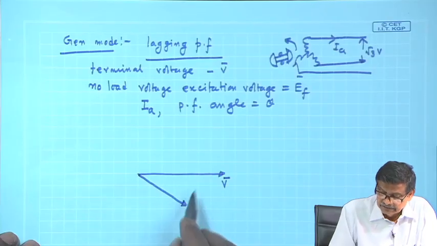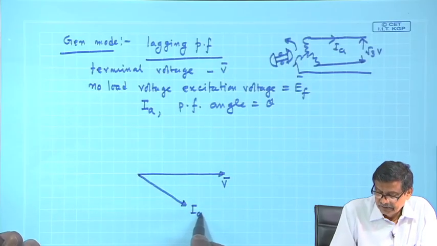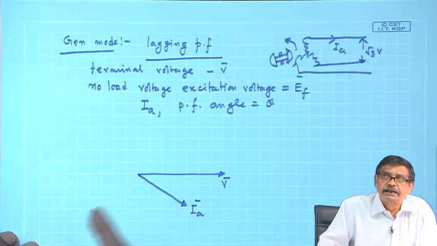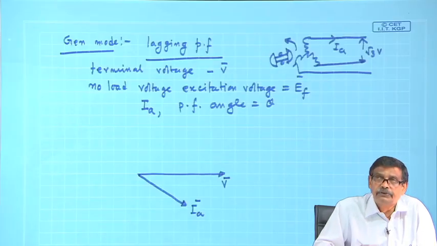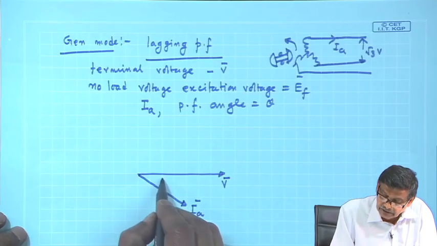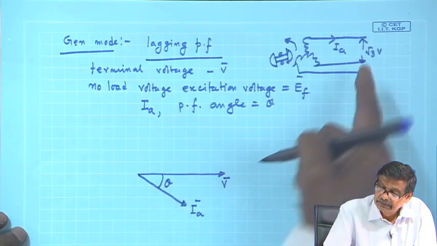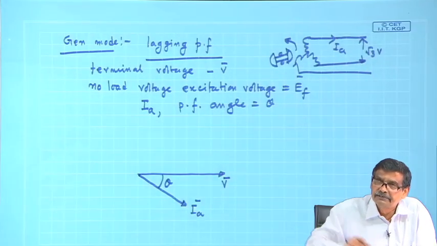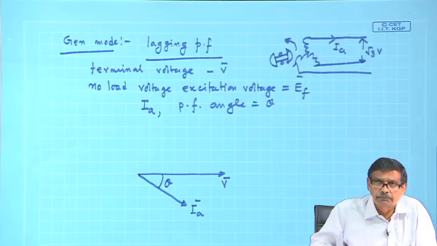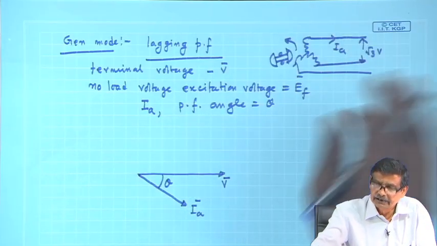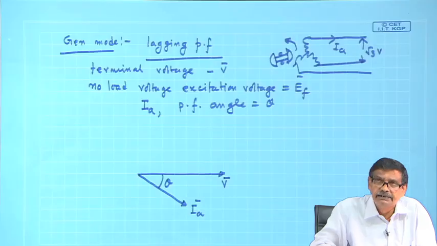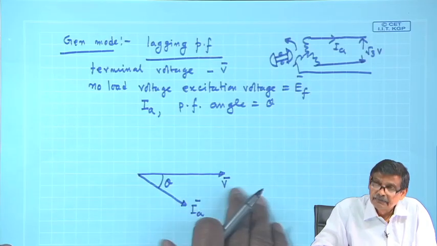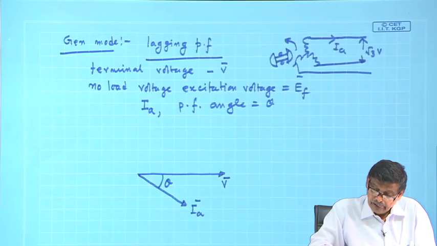Please be with me for every statement I make here. These are the things I can measure at the terminal: the per phase voltage, what current it is delivering, and at what power factor angle. How do I know the power factor angle? Connect a wattmeter, see how much power it is delivering, VI is known. So theta is known. These are precisely known to me.